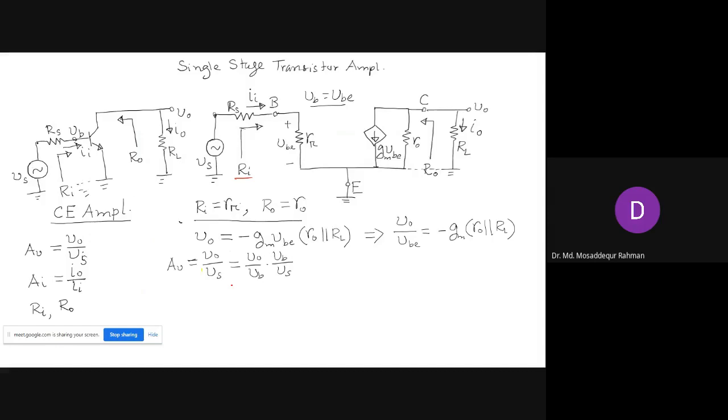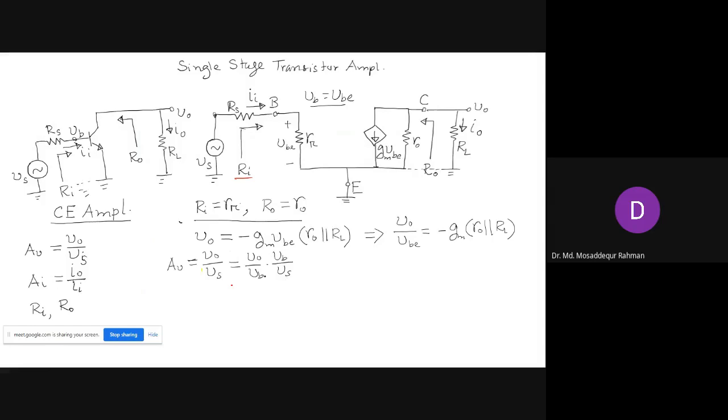One is the gain from this point to base, this VB by VS. The other is V naught by VB, that's the gain from base to collector, right? So we express this as the product of these two gains.